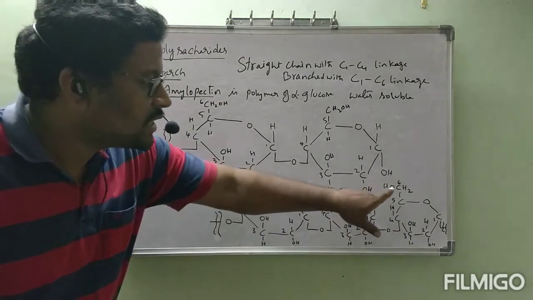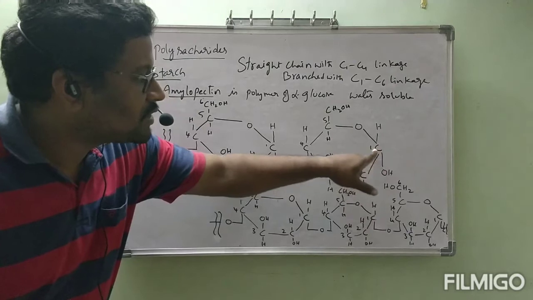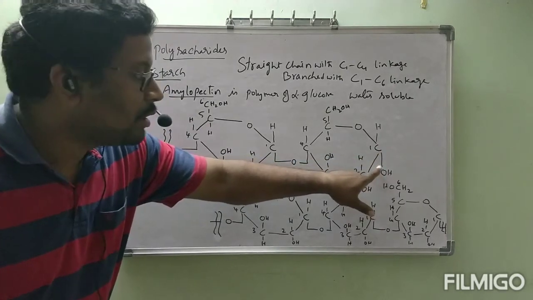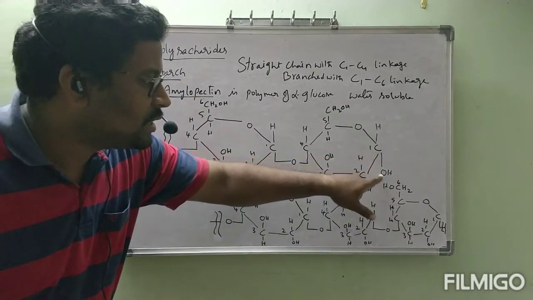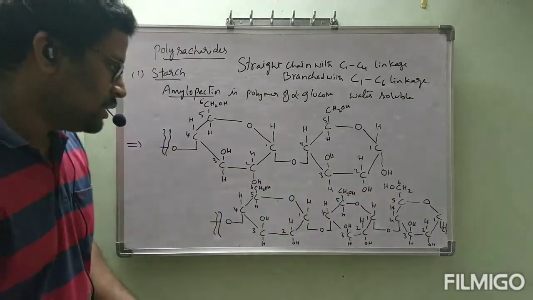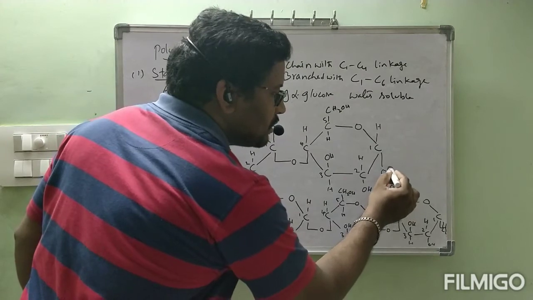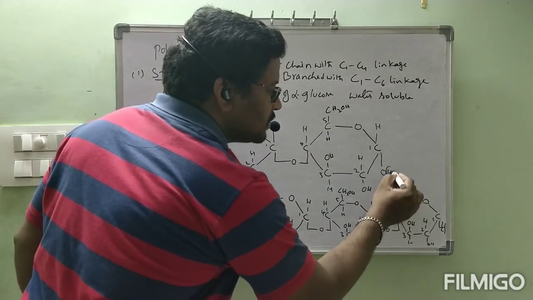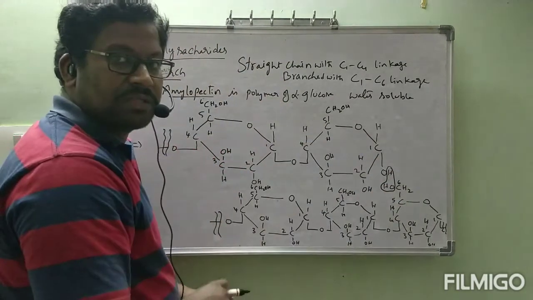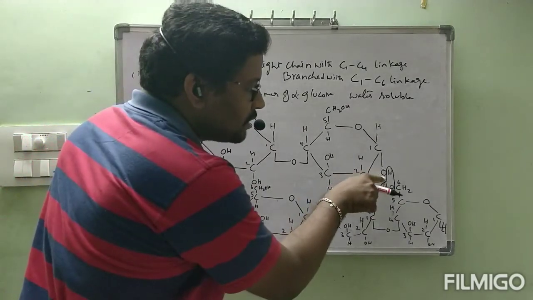Okay, see, 6th carbon CH2OH, first carbon OH, first carbon OH, 6th carbon OH. These two are branched. H from here and OH from here will be lost as water, then we will get a bond between oxygen and CH2.